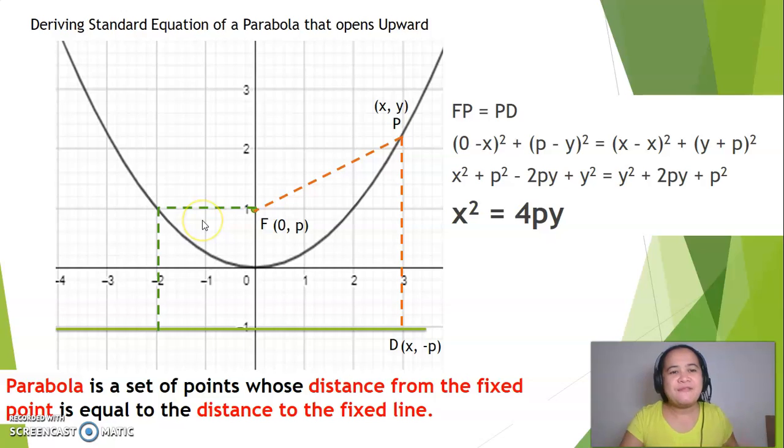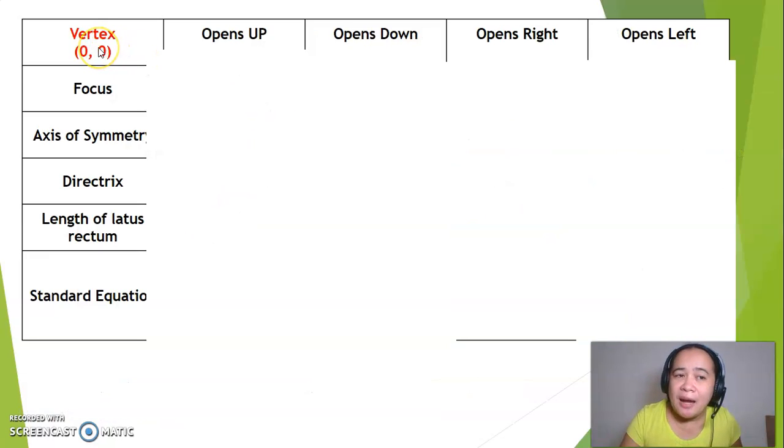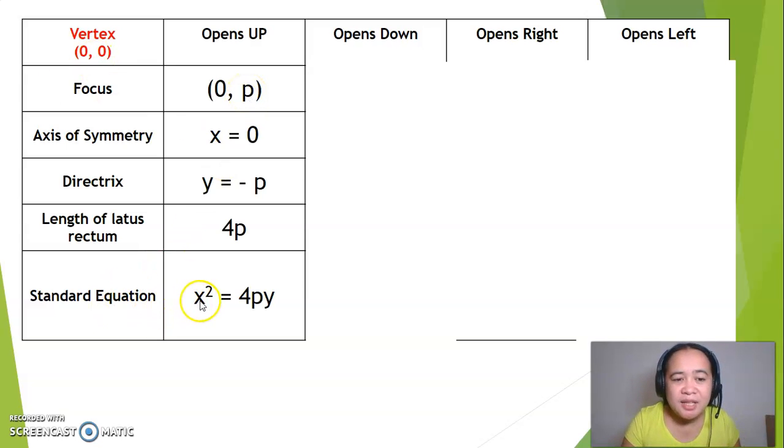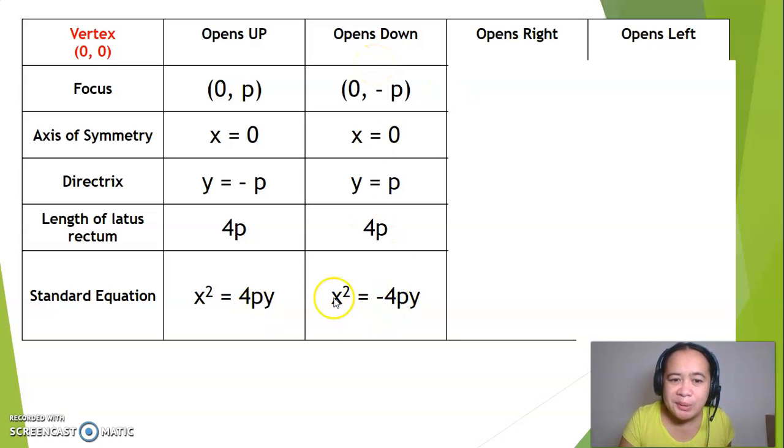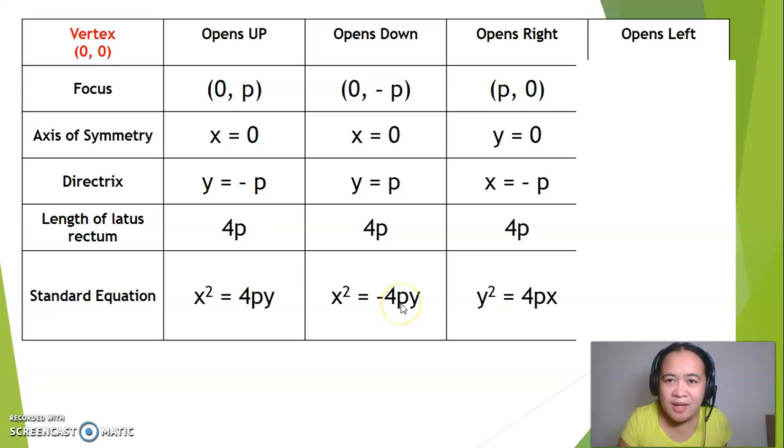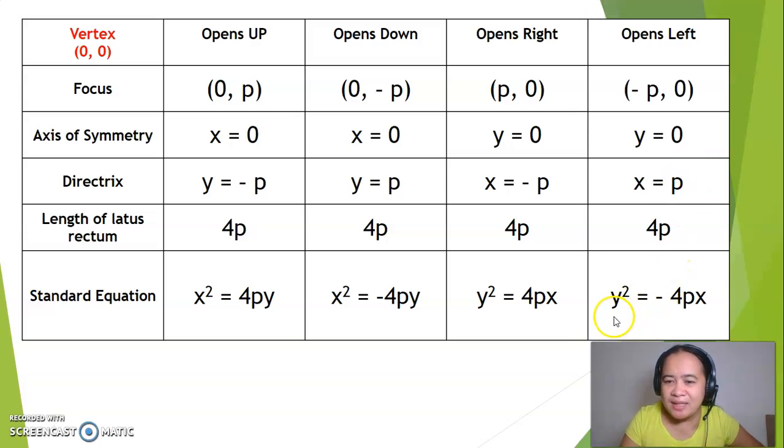So let's have this one. A parabola in which the vertex is at the origin. So these are the different properties. Standard equation is x squared equals 4py if it opens upward. If it opens downward, x squared equals negative 4py. If it opens to the right, y squared equals 4px. And if it opens to the left, y squared equals negative 4px.